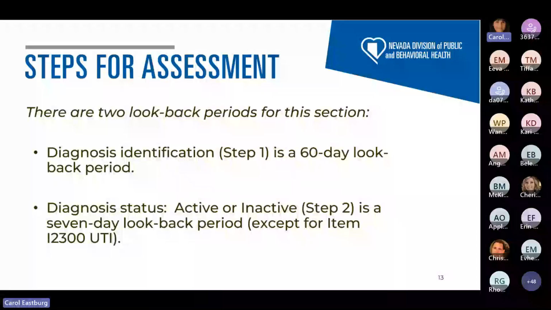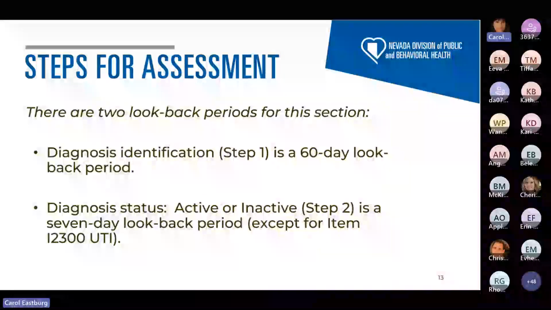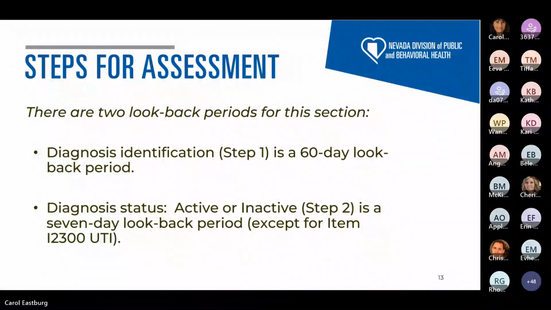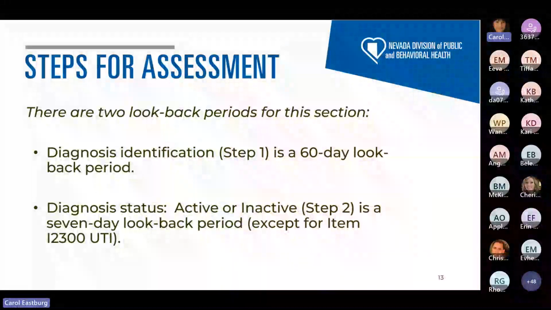All right. Page I-7 of the manual states that there are 2 look-back periods for this section and provides the steps shown here to identify them. Identification of diagnoses, noted as step 1 in the manual, are those diagnoses that were documented by a physician or non-physician provider in the last 60 days.